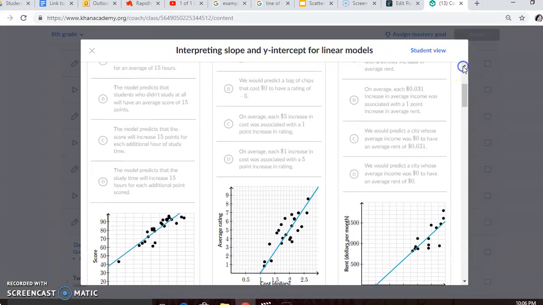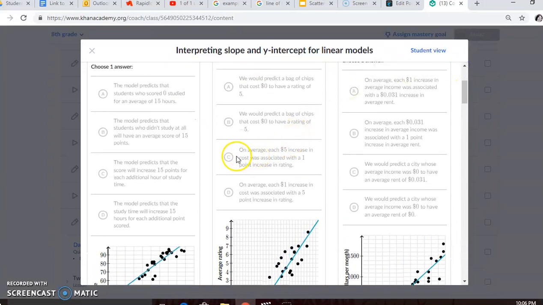It looks like C would be my answer here. Nope, this would be my answer. Why? Because only $1 in cost for every 5-point increase in rating. So you see, that's why you have to read carefully. I saw that 5 over 1, but I had to read carefully because the dollar amount goes on the bottom and that 5 goes on top.